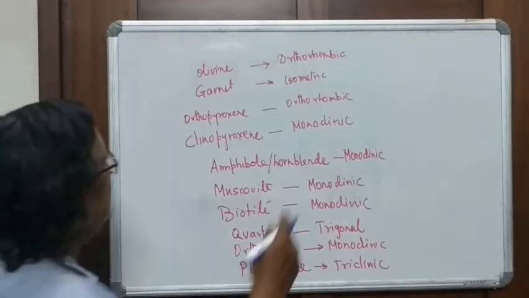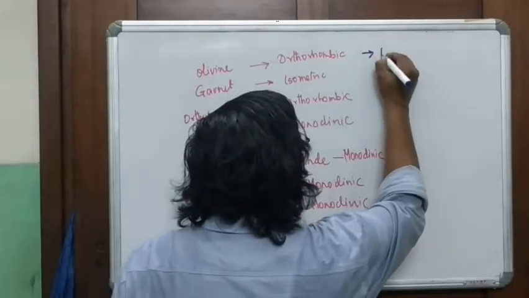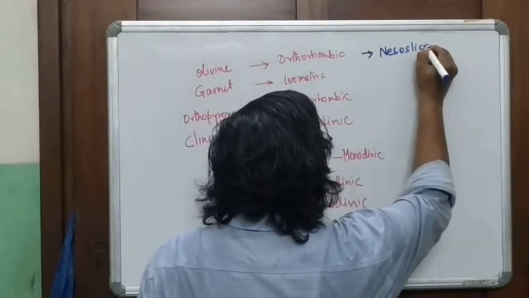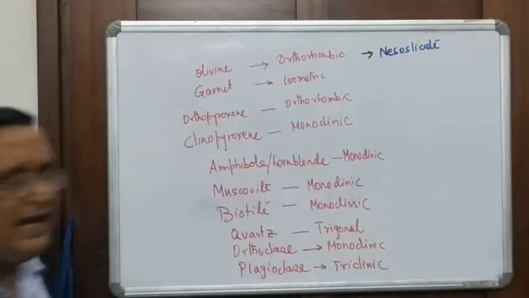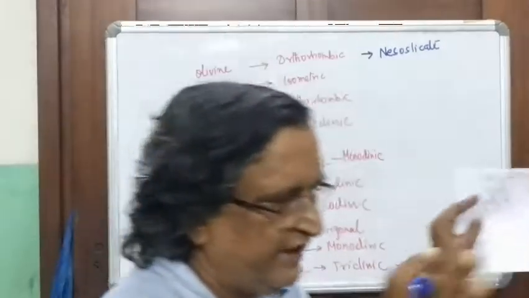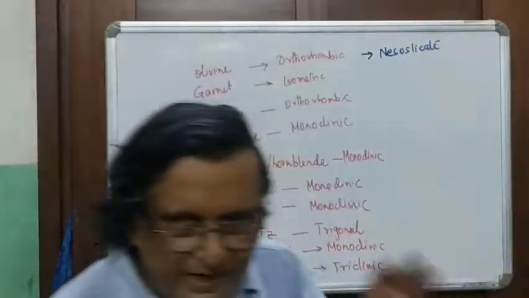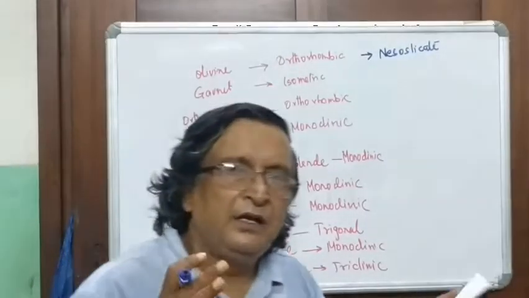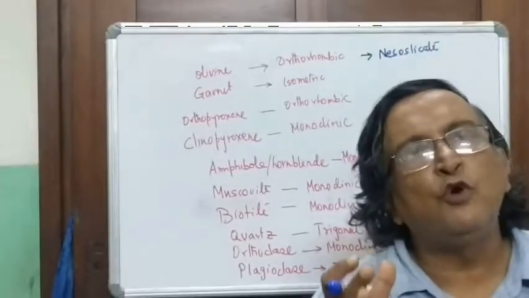So olivine is a nesosilicate. Nesosilicate means independent SiO4 tetrahedra. The main building block repeat unit has to do with the SiO4 tetrahedron.